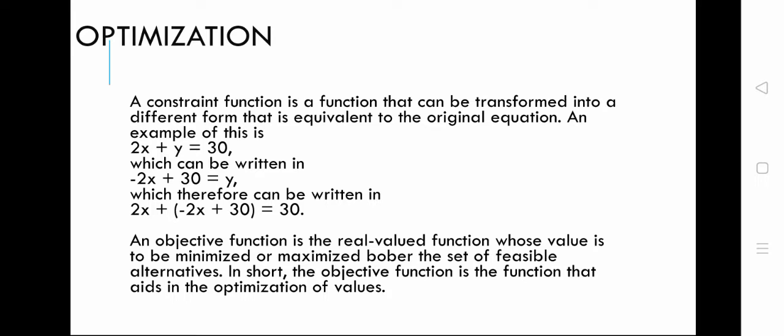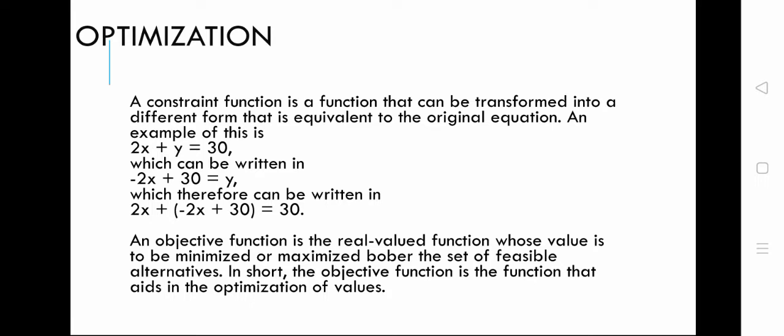the first function, kasi ang y daw dito is equal to negative 2x plus 30. So just substituting it will give us another function, the rewritten function 2x plus the quantity negative 2x plus 30 equals 30. So an objective function is the real valued function whose value is to be minimized or maximized over the set of feasible alternatives.